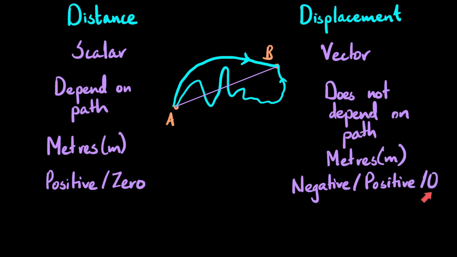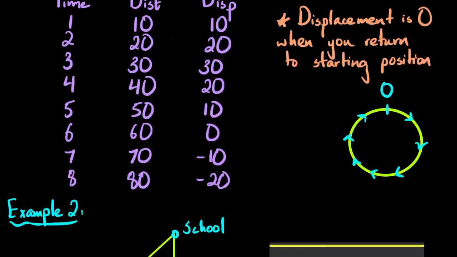So again, it could be zero if it never moved. It could be positive if it moved a certain distance in a certain direction from that origin, and it could be negative if it moved in the opposite direction to whatever was specified as positive. And we saw that above as well.